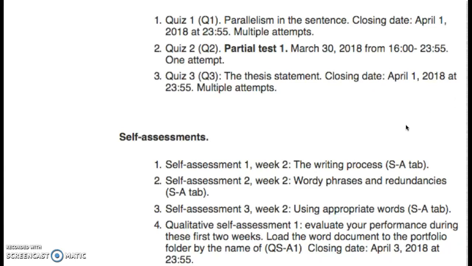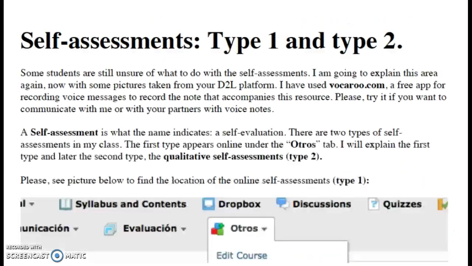I'm going to give you a resource in your news wall together with this video. I'm going to attach this document that I discussed with you in the video conference. In this document, I'm explaining step by step the difference between self-assessments online and the qualitative self-assessment.